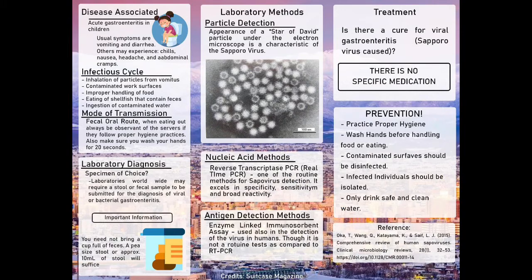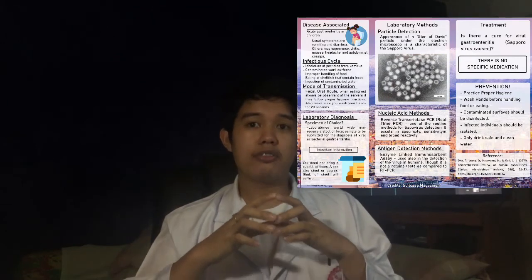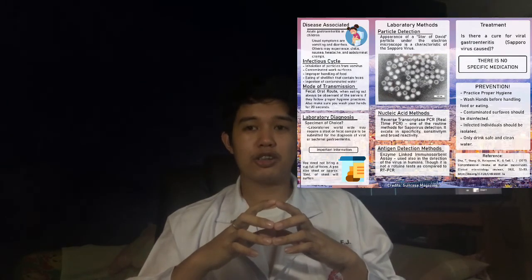The back page emphasizes the virulence, how the virus is transmitted, and how to prevent getting the virus. The back part also showcases Sapporo City's white snow peaks, and an electron microscopy image of the Sapporo virus, which has a Star of David appearance under the electron microscope.